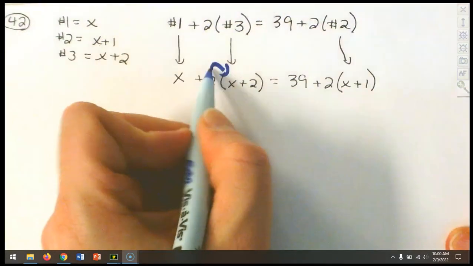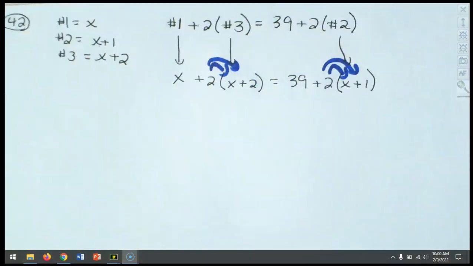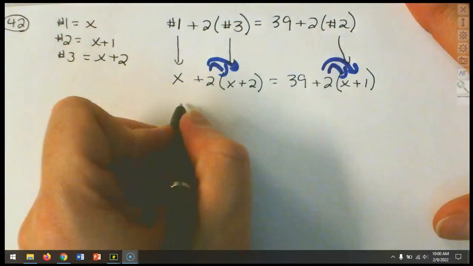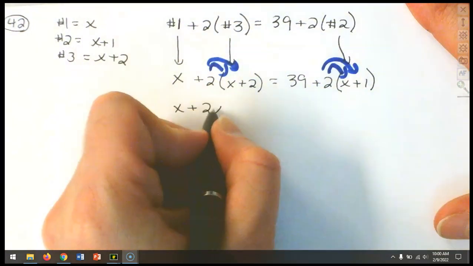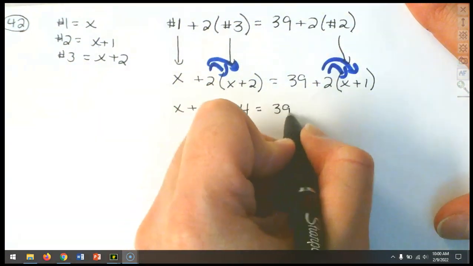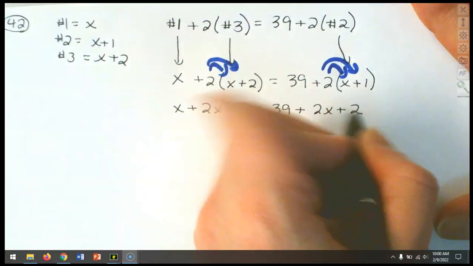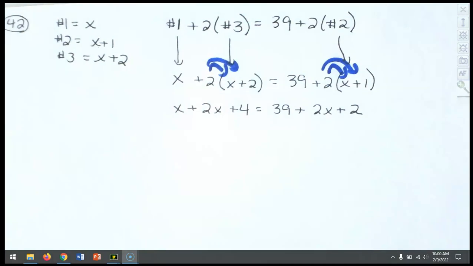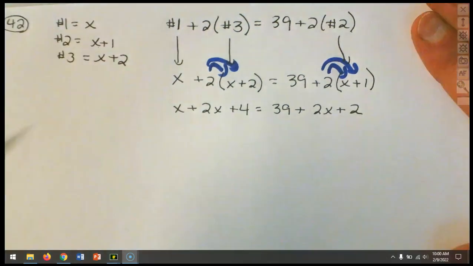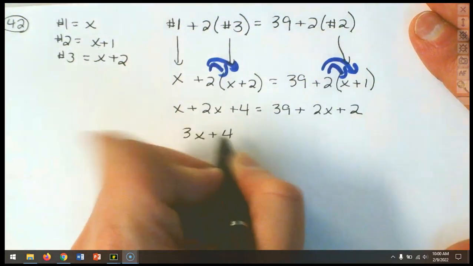So distribute your 2's through. And that gives me now x plus 2x plus 4 equals 39 plus 2x plus 2. Now we just combine, so I'm going to clean it up first. So let's work on the left-hand side, combining like terms. That's 3x plus 4.